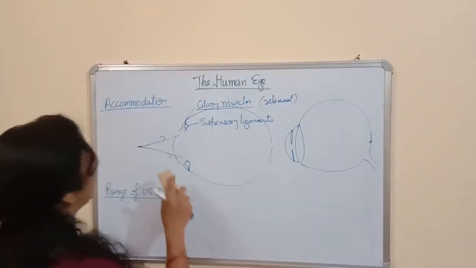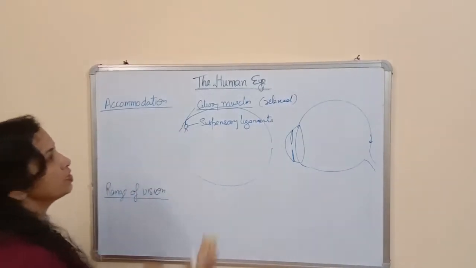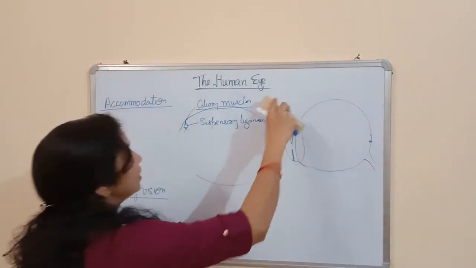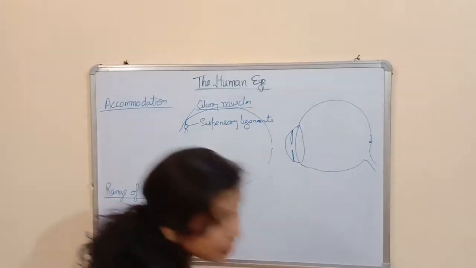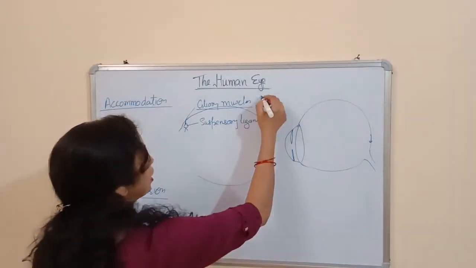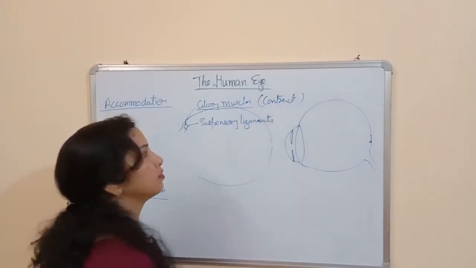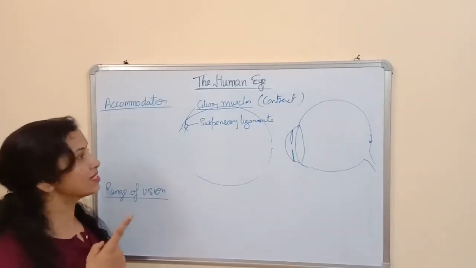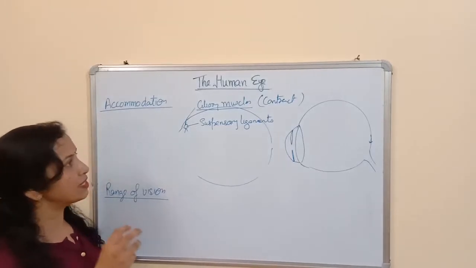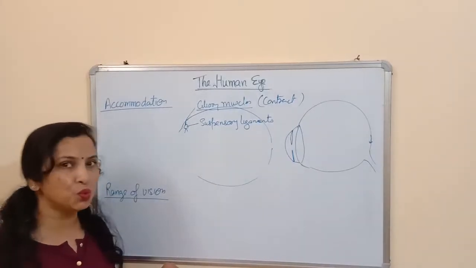So what happens when you see a nearby object? When you see a nearby object, the ciliary muscles contract, and the suspensory ligament becomes loose.